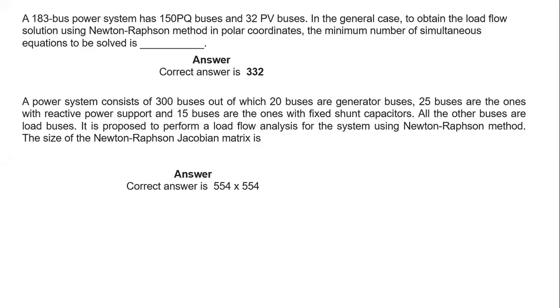See, totally there are 300 buses, out of which one is a slack bus and the remaining 44 are PV buses. Understood? And in that one, 15 buses are with fixed shunt-type capacitor, also called PQ bus. So totally, how many PQ buses are there? That is my question.